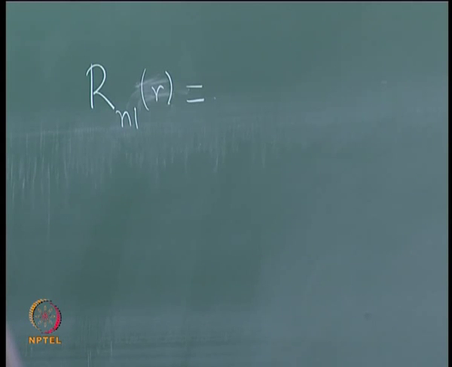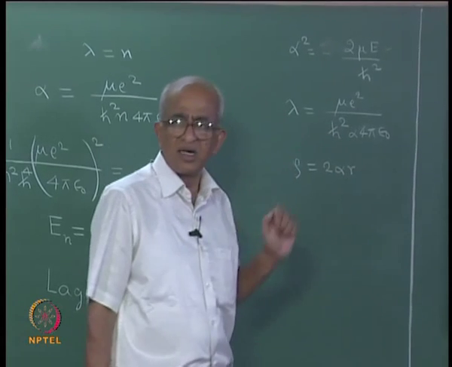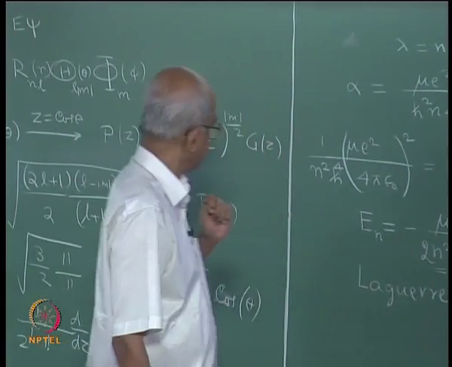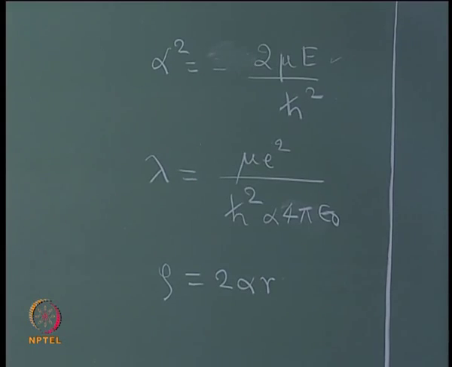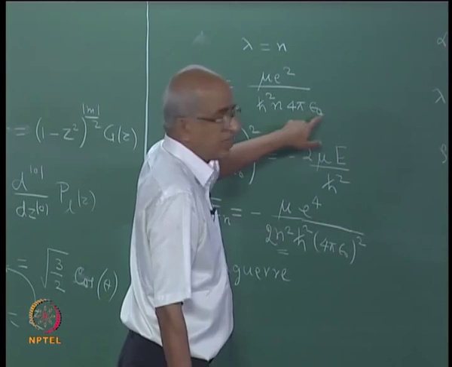You look at this expression, well, there is a constant here that I have not yet introduced, but I will introduce. What is that constant? Well, we have defined rho to be equal to 2 alpha r. What was alpha? Alpha is equal to mu e square divided by h cross square 4 pi epsilon 0.